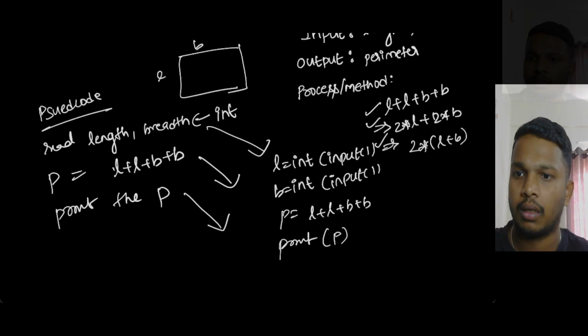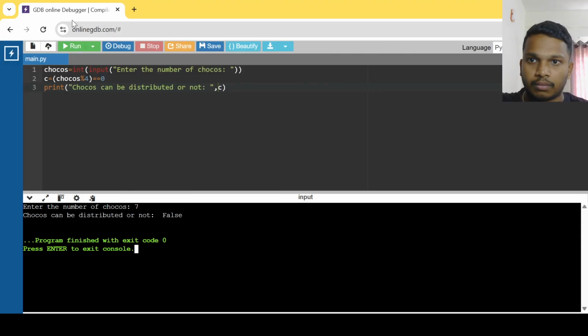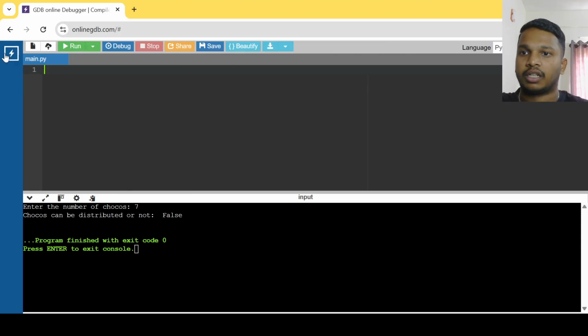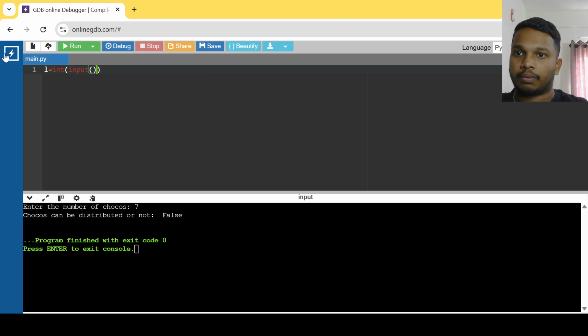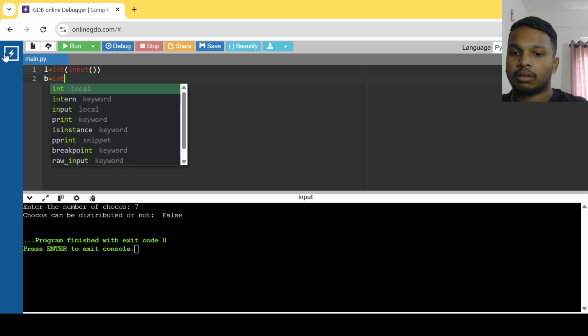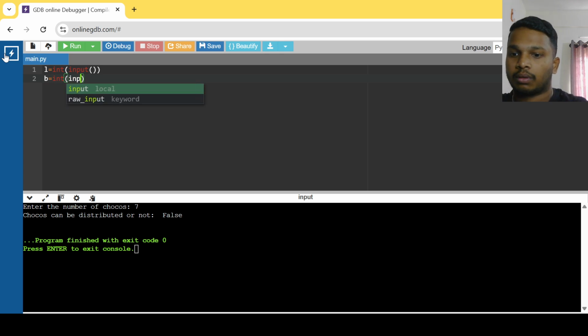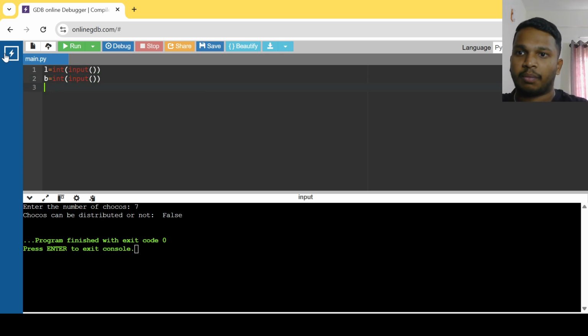Now let's try it once. See, first length L is equal to int of input. Next, B is equal to int of input. So I am reading something.